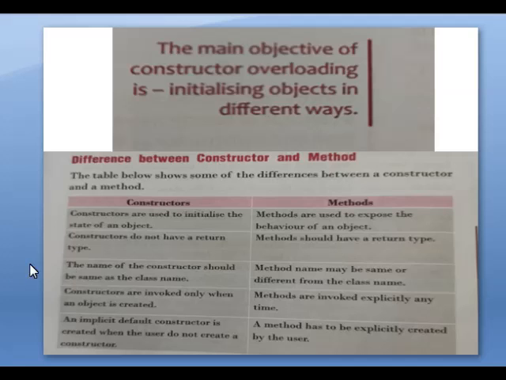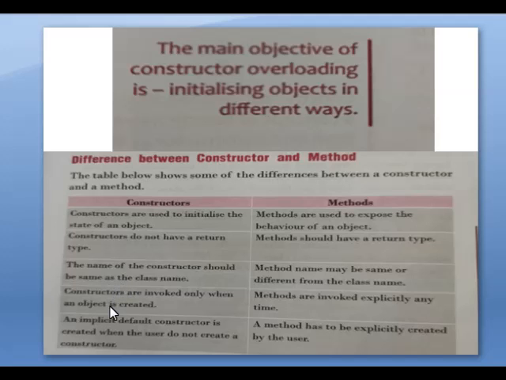Constructors do not have a return type, while methods should have a return type. The name of the constructor should be the same as the class name, while method names may be the same or different from the class name.